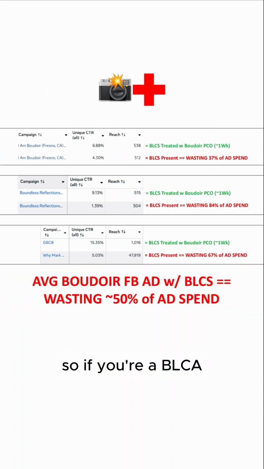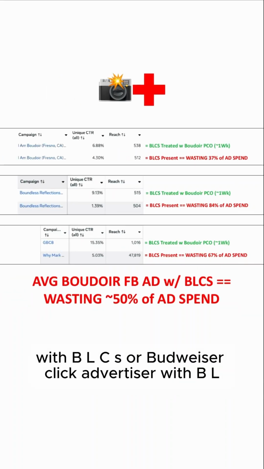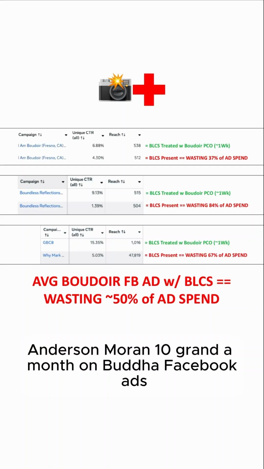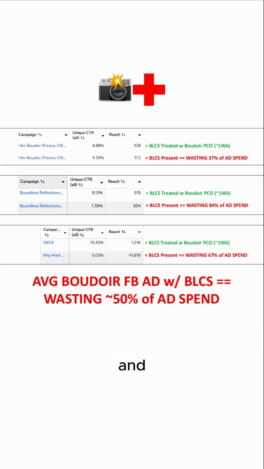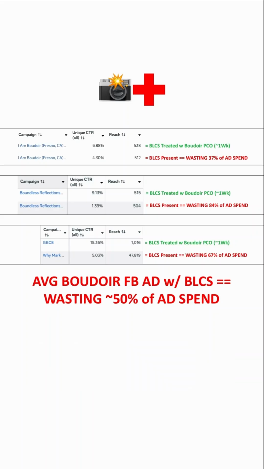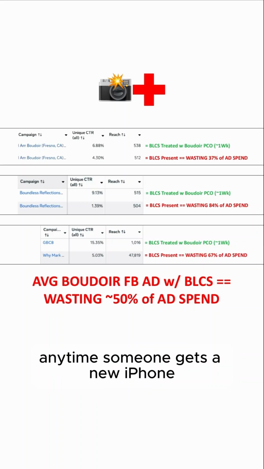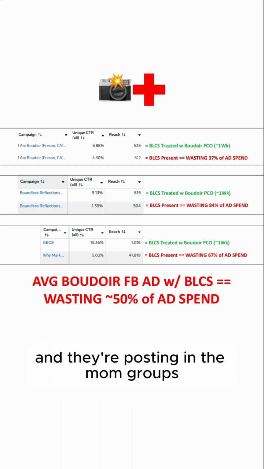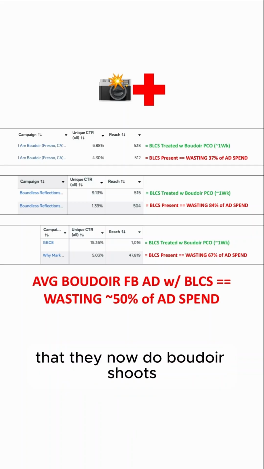So if you're a BLCA with BLCS, so a Boudoir low click advertiser with BLCS, and you're spending more than 10 grand a month on Boudoir Facebook ads, and you're seeing the market get more saturated with more Boudoir photographers. So you're seeing, anytime someone gets a new iPhone, they're throwing up their Google My Business profile that they now do Boudoir, or they get a new camera and they're posting in the mom groups that they now do Boudoir shoots.